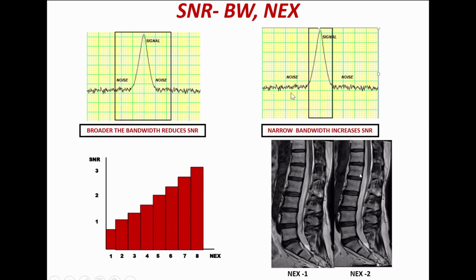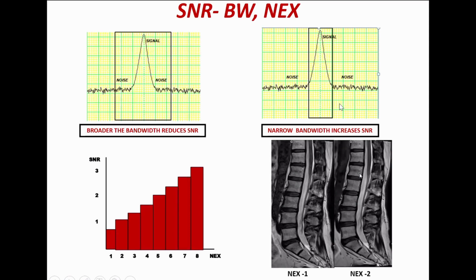So that means when you have a narrow bandwidth, you get better SNR, because if you take any ratio, you have a numerator and you have a denominator. Your numerator is the signal and your denominator is your noise. So obviously, if the numerator is comparatively more than the denominator, your ultimate value is going to be higher.